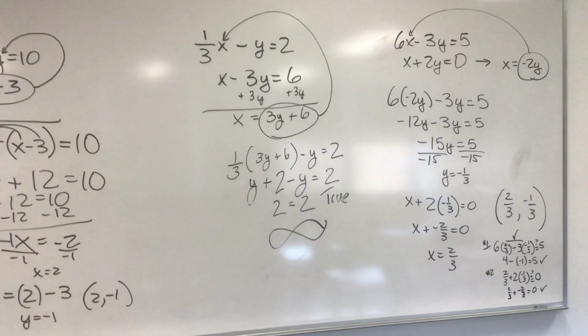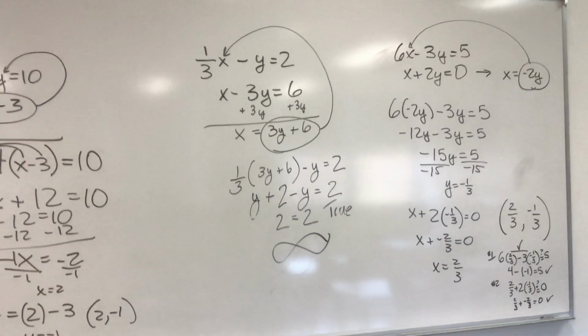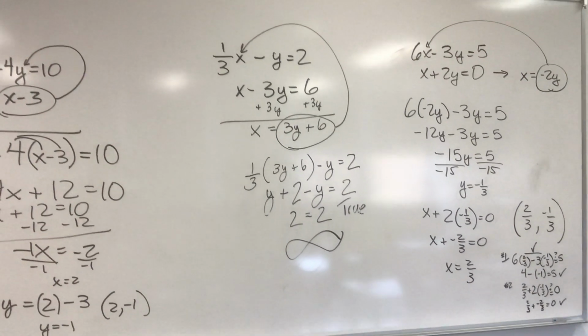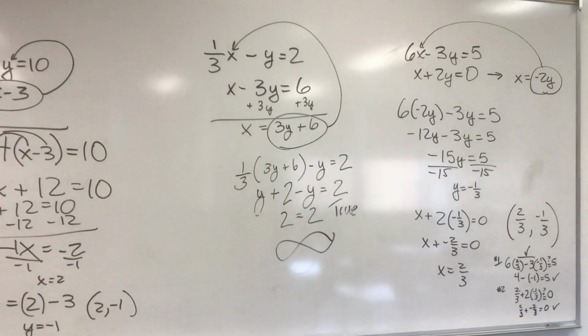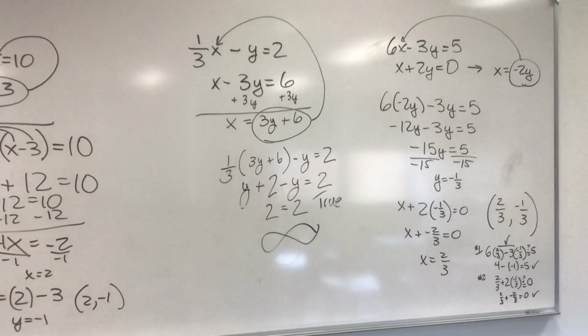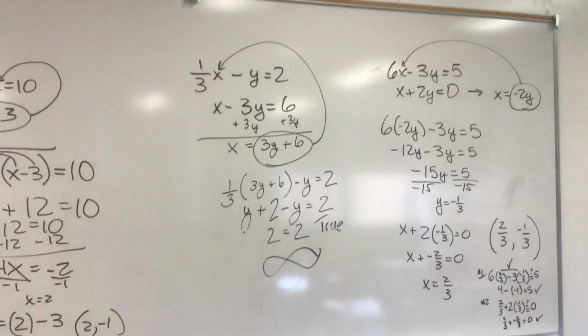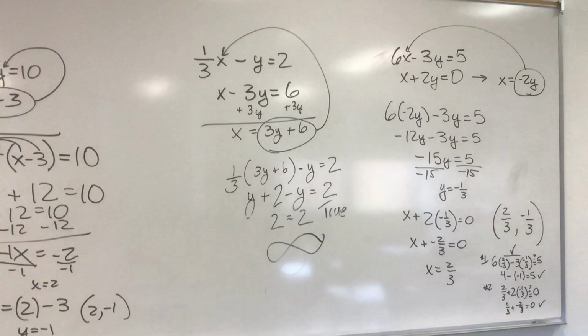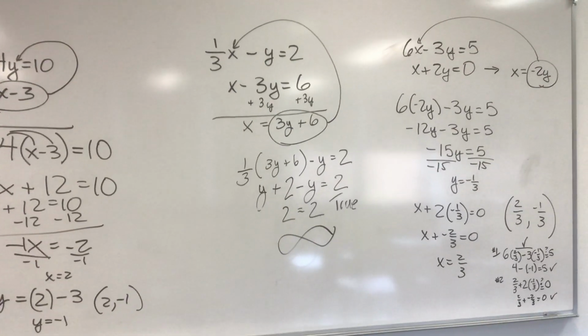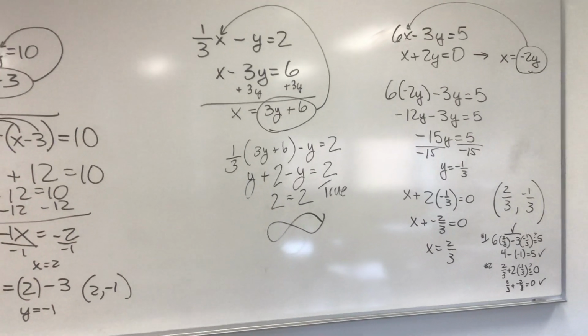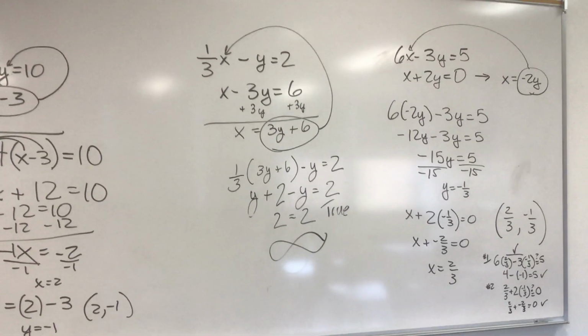We've had this before, and I explained that if I get a true statement like I do here, that means I either have an infinite number of solutions or all real numbers, depending on the kind of problem I'm working on. Here, if I get a true statement, it means that I have an infinite number of solutions.